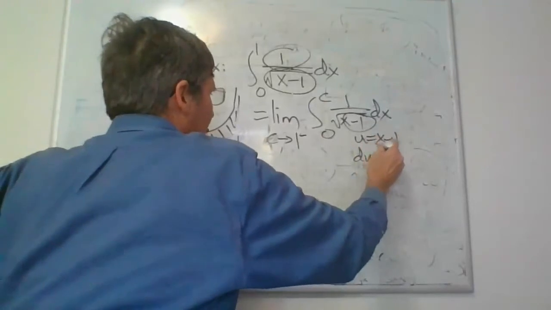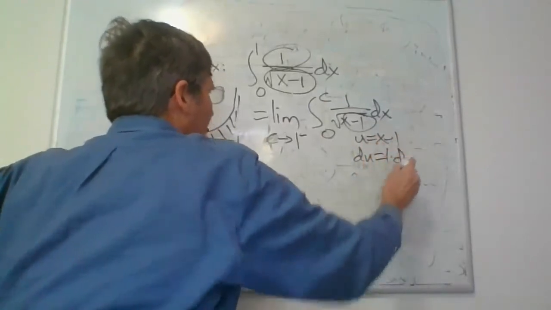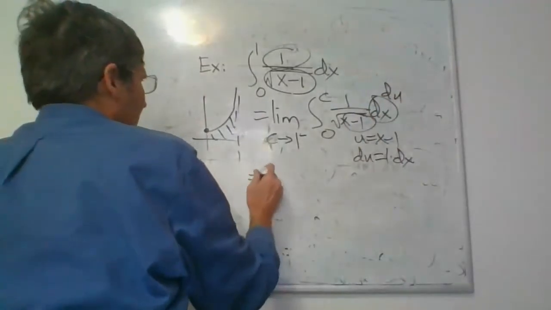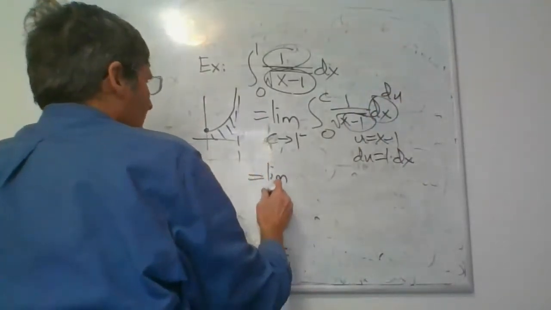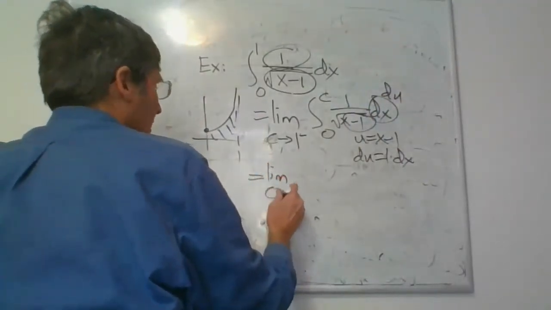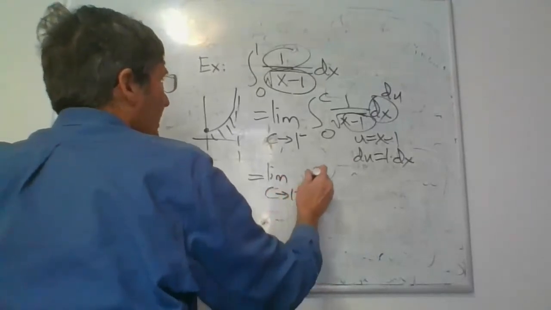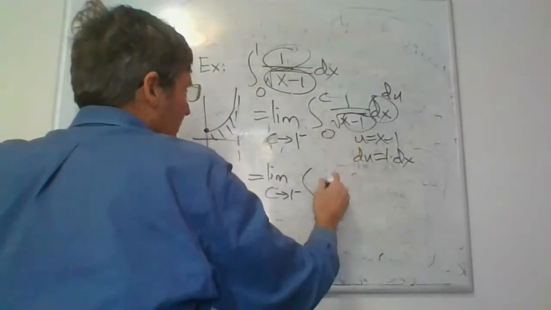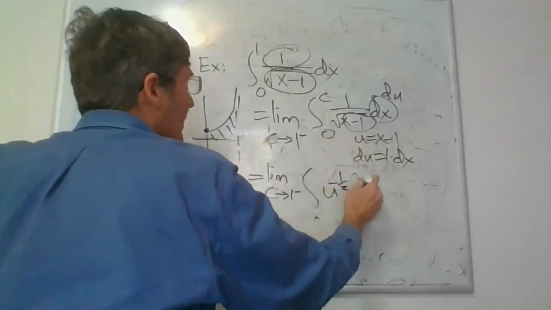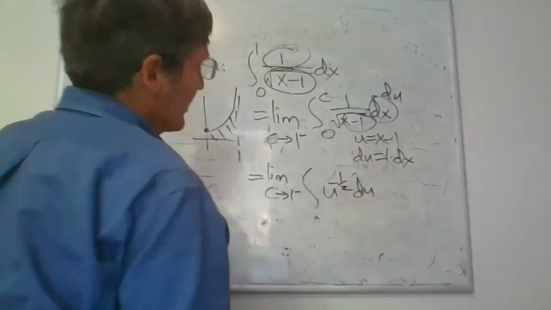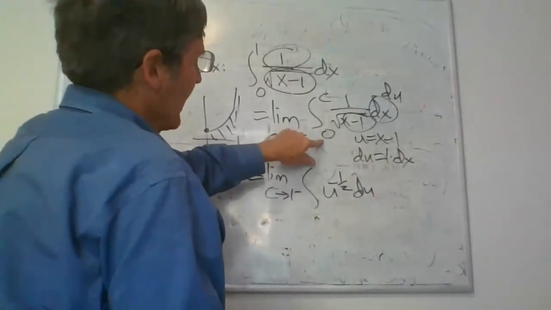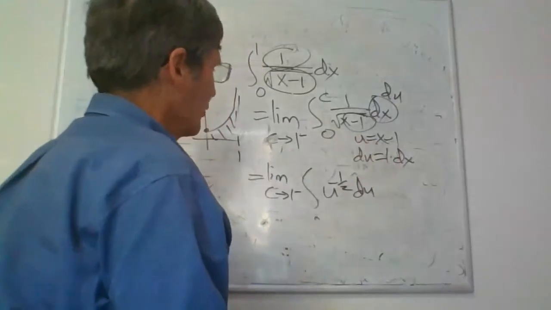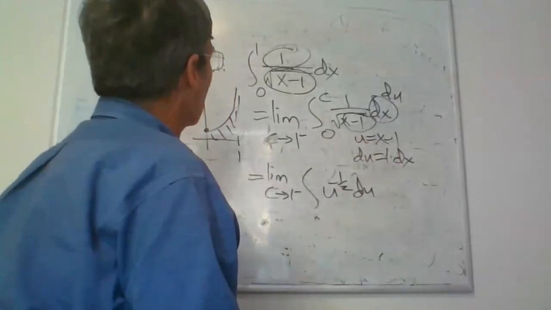Du is then the derivative of that, dx is 1 dx. So this becomes du, and this becomes u. Now I have the limit as c goes to 1 from the left. The integral of 1 over square root u is u to the minus 1/2 du, but I have to change the endpoints now, right? When x equals 0, u is 0 minus 1 is minus 1.